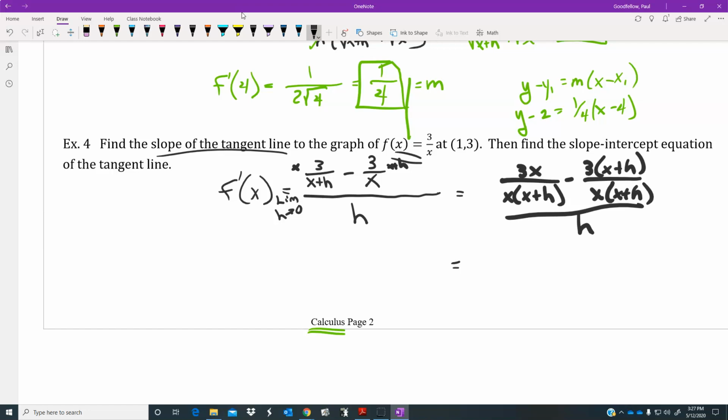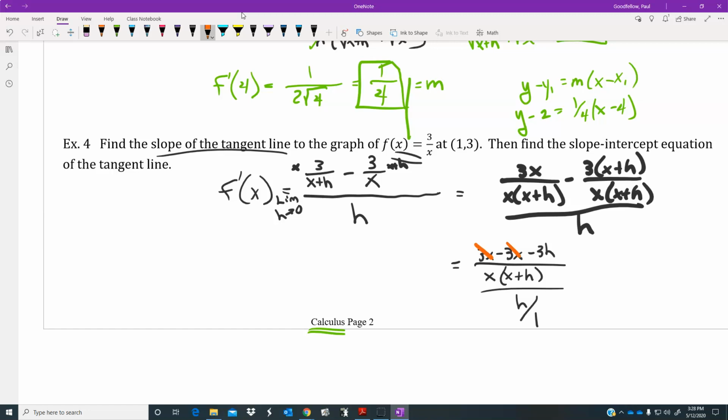Don't like that one. All right, now if I distribute that and combine my like denominators, I get 3x minus 3x minus 3h divided by x times x plus h, all divided by h over 1. Let's see, do we get any cancellations? We got that guy to cancel.